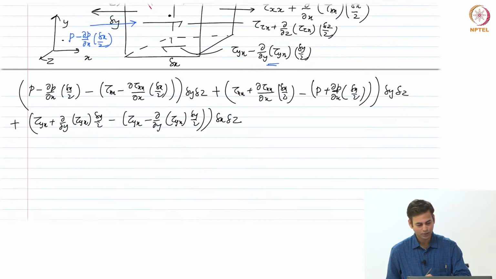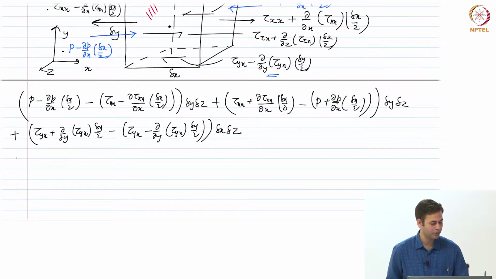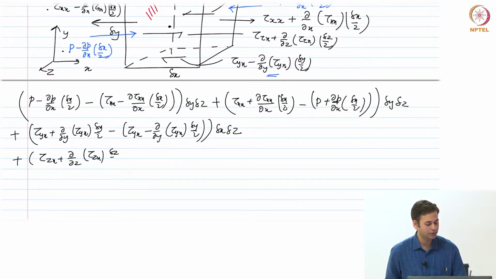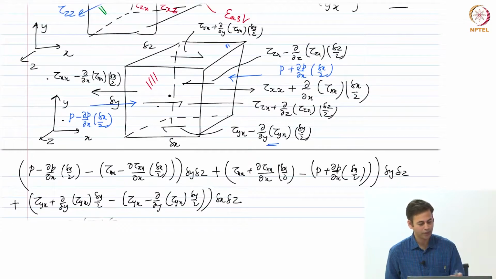And we have one more quantity, I am going to write it here, plus we have tau zx plus partial z tau zx delta z by 2 minus. So, that is this quantity, and then we have the tau zx minus, it is actually on the back face, acting in the negative x direction.